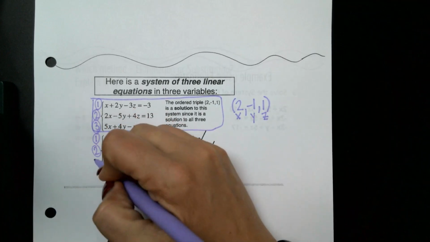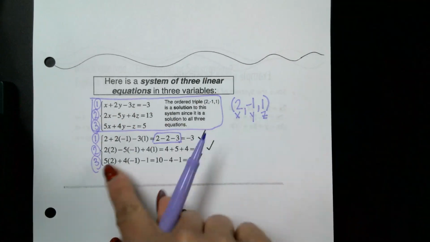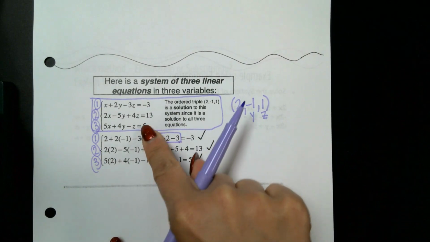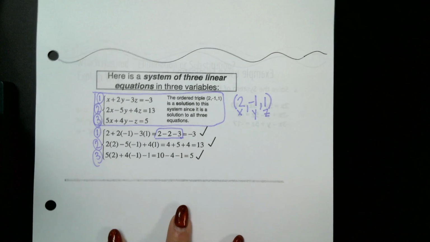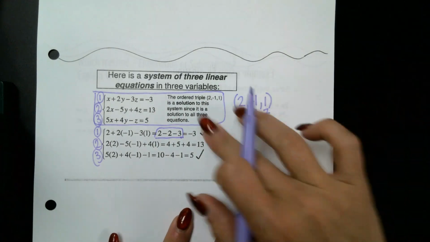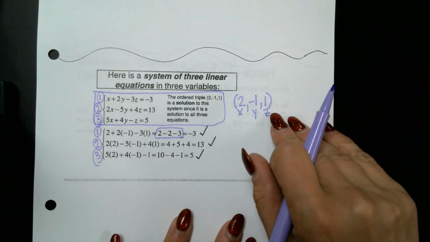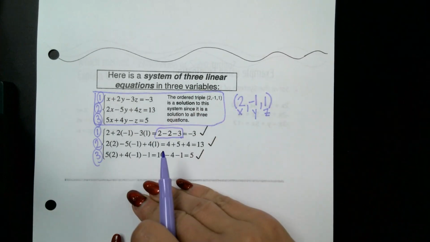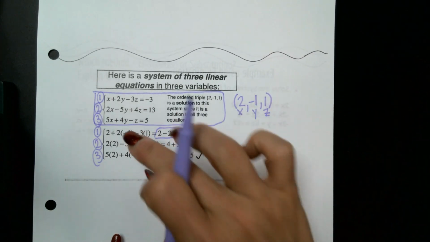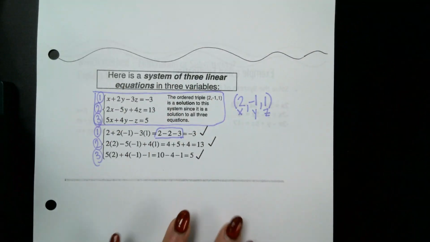And then if I plug it into equation 3, all three of these numbers plugged in do give us that answer of 5 like they said it would. So in order for this ordered triple or triplet to be the solution to the system, it has to be true with all three equations.